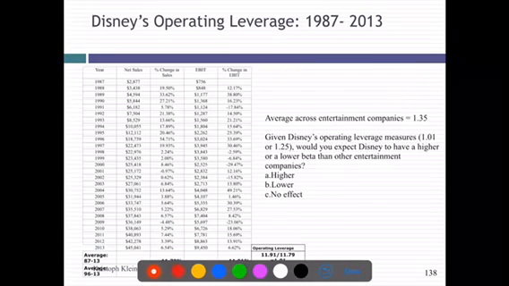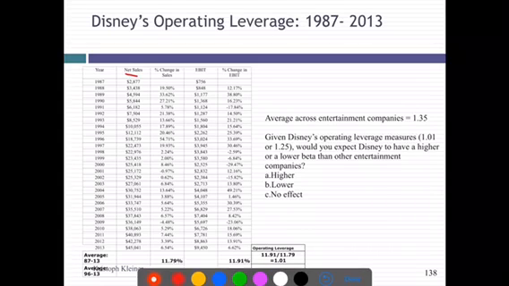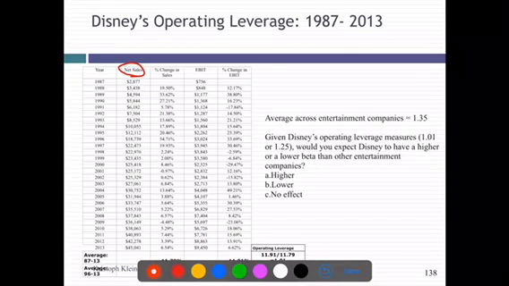So, looking at Disney's operating leverage from 1987 to 2013, we're going to take all of the net sales right here, and we're going to estimate then the percentage change in sales from one year to the next. We'll do the same thing with EBIT. We're going to take EBIT, and we'll estimate the percentage change in EBIT.